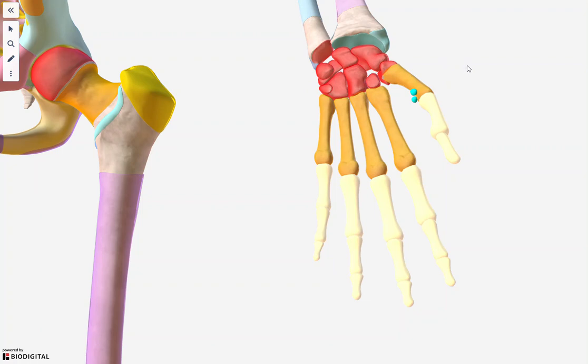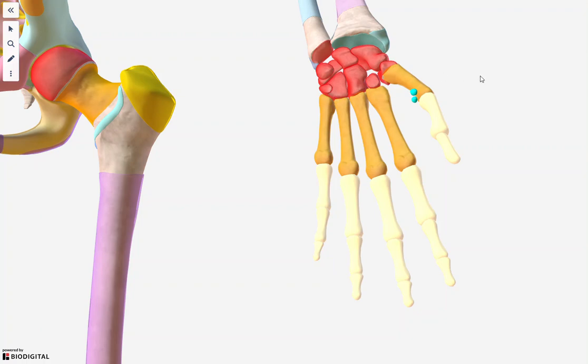They could say list the distal row of carpals from medial to lateral, or list the distal row of carpals from lateral to medial. So you have to know them from side to side, and which row is the proximal row, the row closest to the radius and the ulna, and which row is the distal row, the row closest to the metacarpals.